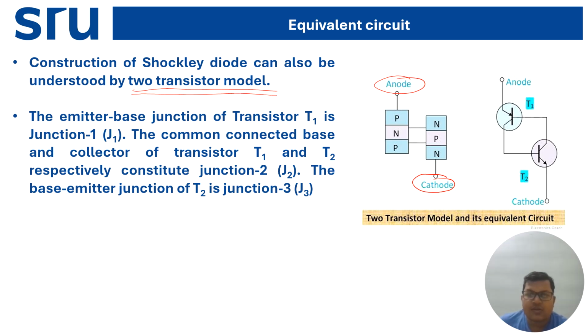This portion makes junction 1, this portion makes junction 2, and the base emitter junction of T2 is junction J3. It will be more clear from the circuit symbol.